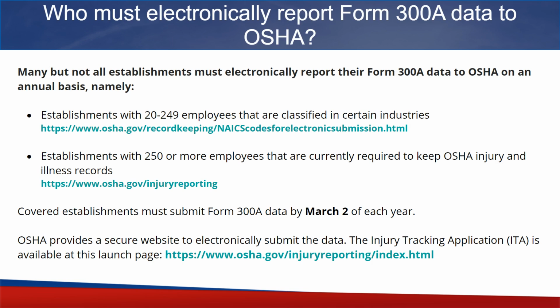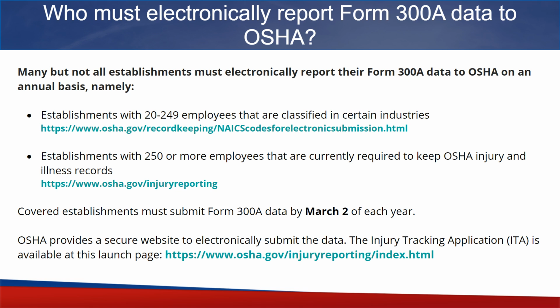Who must electronically report from 300A data to OSHA? Many, but not all establishments must electronically report data from their completed Form 300A to OSHA. The data must be reported by March 2nd of each year. Establishments with 20 to 249 employees classified in certain industries must report these data.